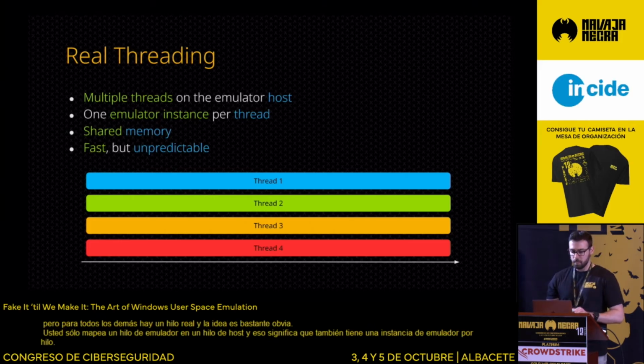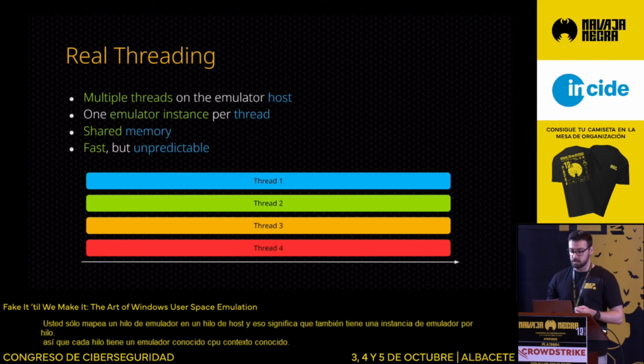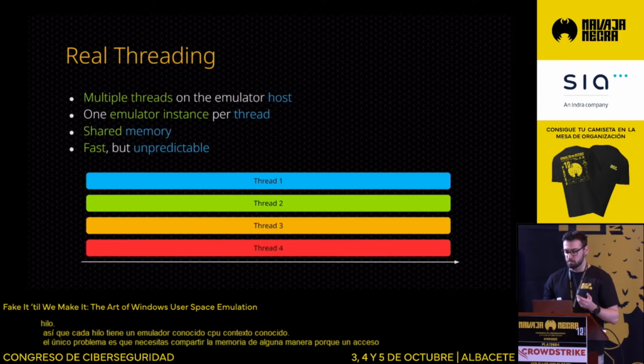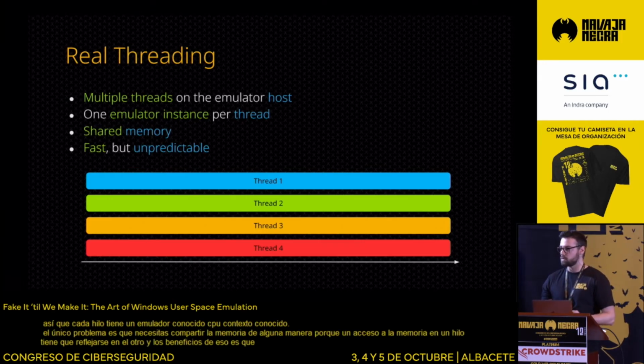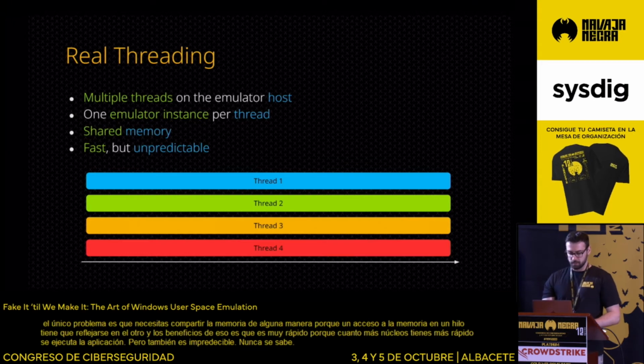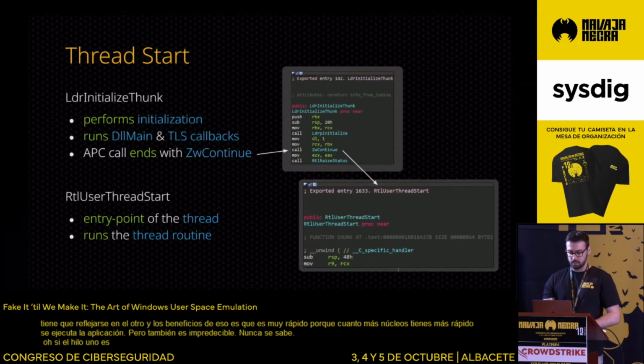The benefit is that it's really fast, because the more cores you have, the faster the application runs. But it's also unpredictable. You never know if thread 1 is faster than thread 2. And for example, in fuzzing scenarios, it can be important to be able to reproduce your input. So you really have to decide which kind of mechanism to use. But both are there, both work, and that's nice.